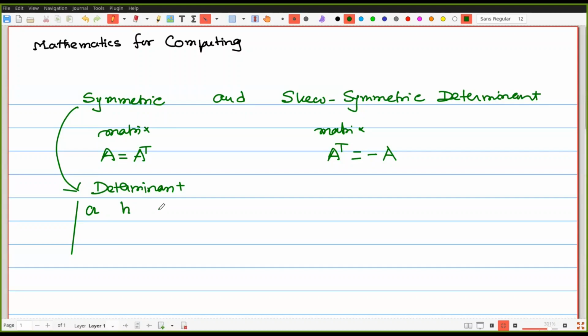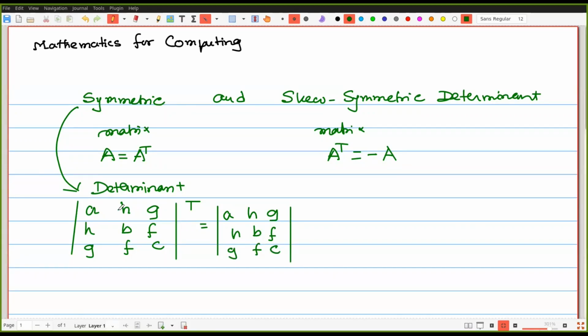Suppose A, H, G, H, B, F, and G, F, C. If we transpose it, we get the same A, H, G, H, B, F, G, F, C. So that is a symmetric determinant. Already, according to the property, we know the transpose of any determinant gives the same value. Here the row elements and column elements also remain the same after transpose. That's why it is symmetric.